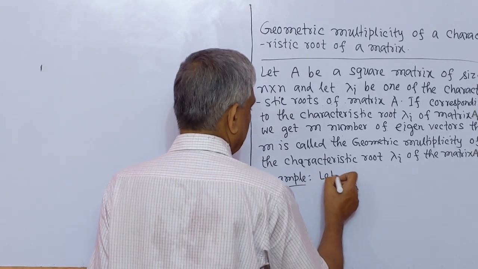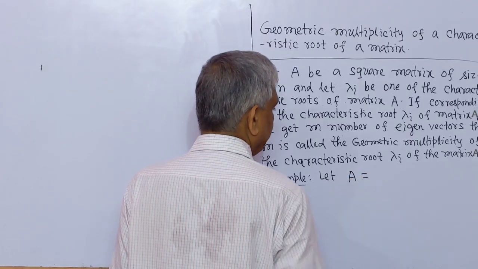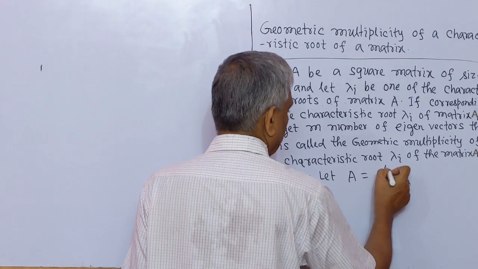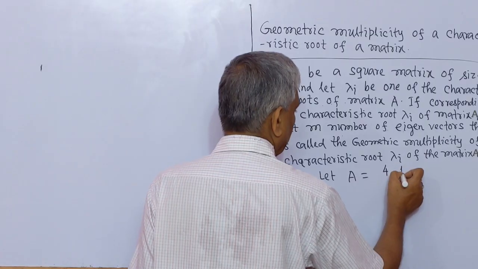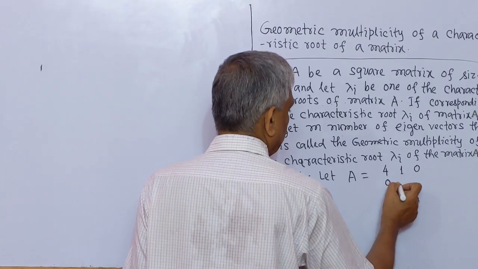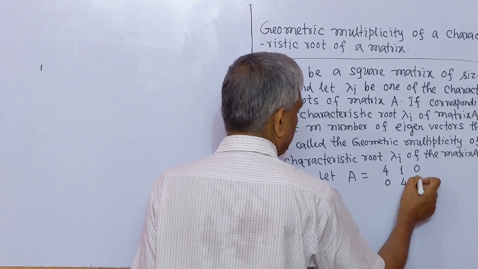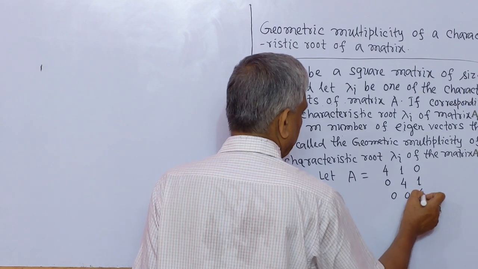Let A be a 3 by 3 matrix. Elements are 4, 1, 0, 0, 4, 1, 0, 0, 4.